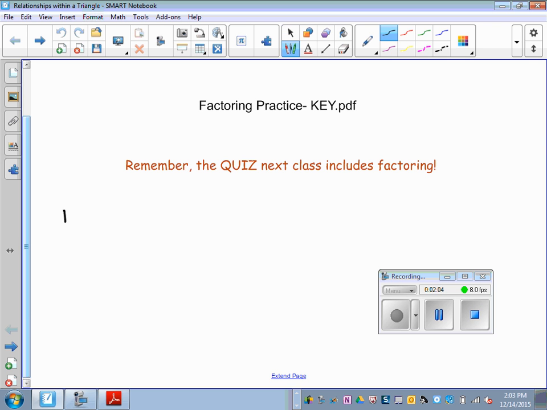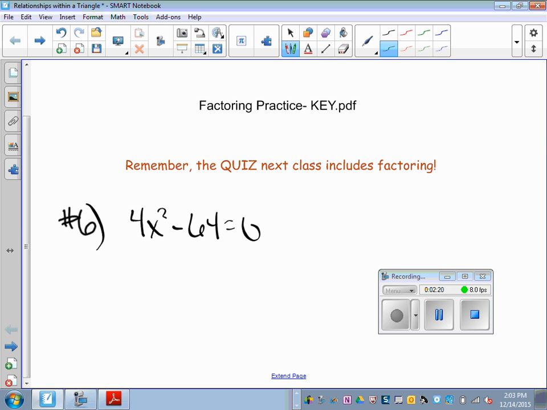Alright, so number 6 on your homework was 4x squared minus 64 equals 0. Alright, for this one, I am solving.